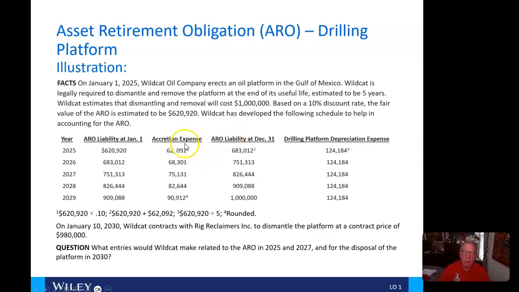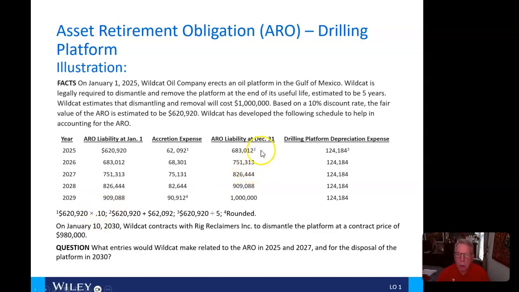Wildcat has developed this schedule here for its accretion expense and how that ratchets up over 5 years to $1 million of ARO liability, and then the drilling platform depreciation expense. And you can see that we get this based on that 10% discount rate.